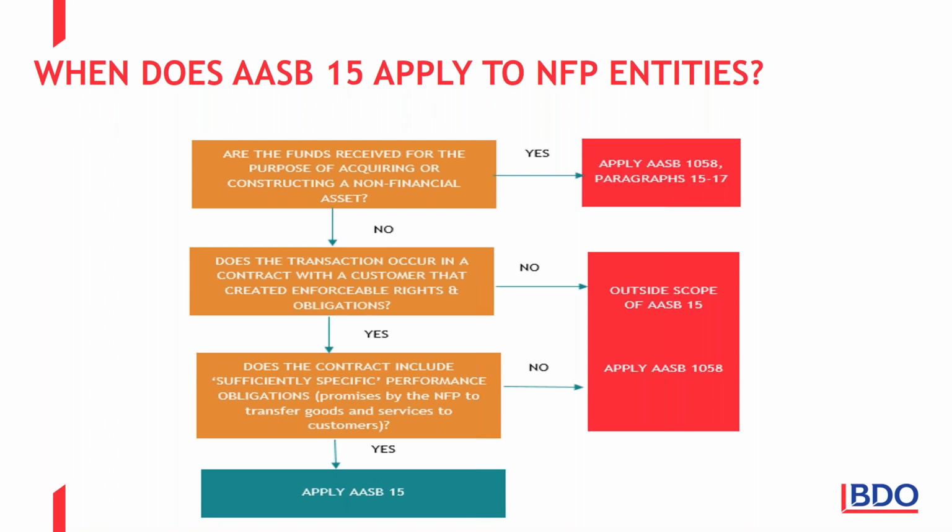Therefore, we'll have to apply AASB 1058, which most often, and in this case, would lead to the recognition of the income or the revenue on day one.